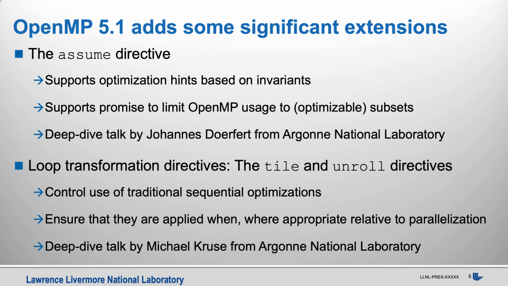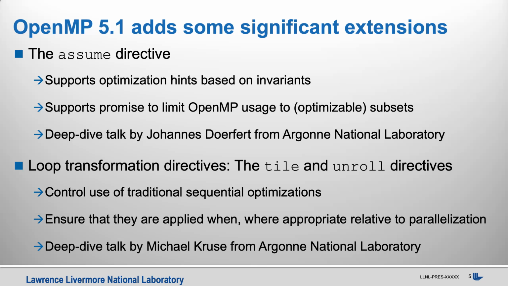In general, this is a very important step for OpenMP. The motivation for adding these new directives is that in this way you can control how these optimizations interact with the parallelization of your loops.